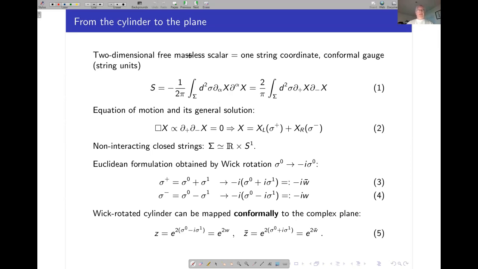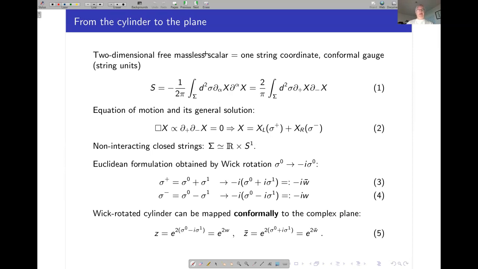We will find out and detect certain properties. Our starting point is the Polyakov action in the conformal gauge, and then we truncate it down to one single string coordinate. And equivalently, we can say we have a 2-dimensional field theory of just one free massless scalar.